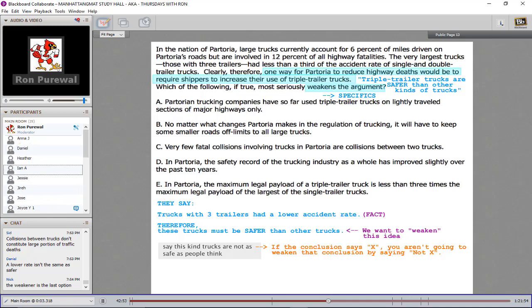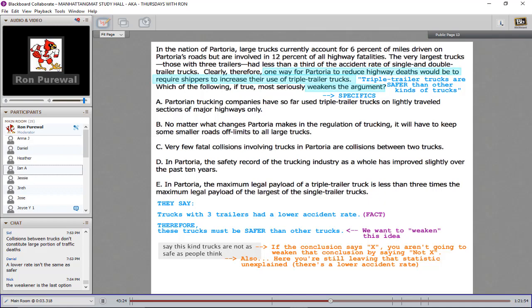And the other problem with this is that here you're still leaving that statistic unexplained. You still have a statistic that says there's a lower accident rate for 3-trailer trucks.